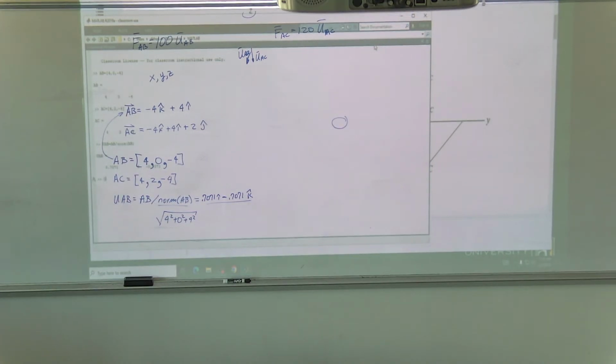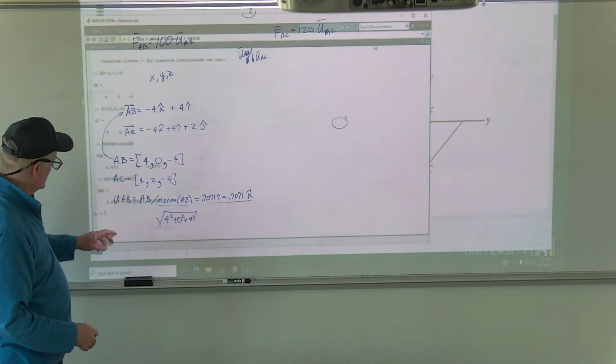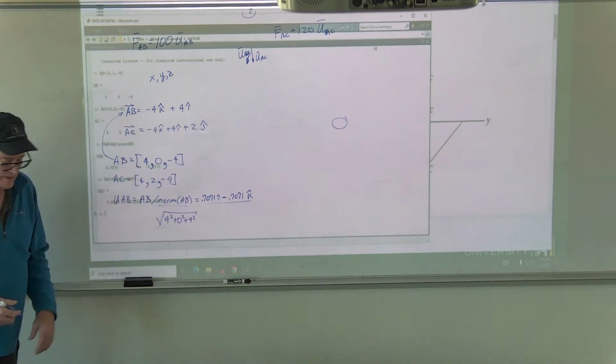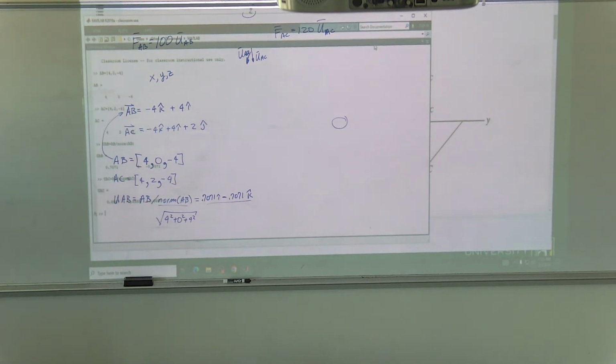Okay, unit vector AC is equal to AC divided by the norm of AC. And there you get some digits that are kind of hard to quantify, but I'll write them down if I can actually see them.